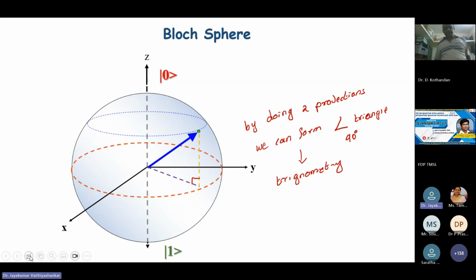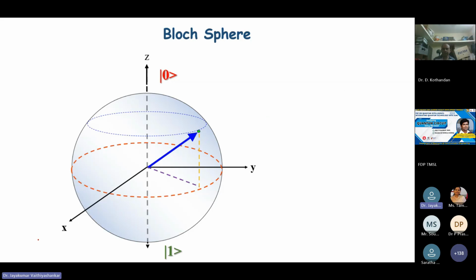That is why we are doing two projections. With the help of two projections, we are able to get a right angle triangle. Once you get the right angle triangle, you will get two angles. This theta is the angle between the z-axis and the quantum state vector.